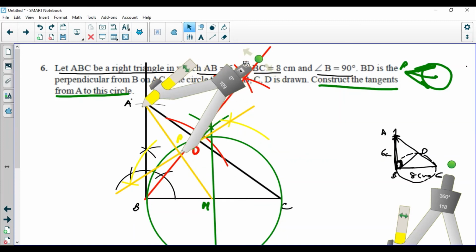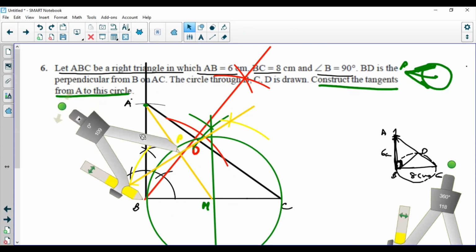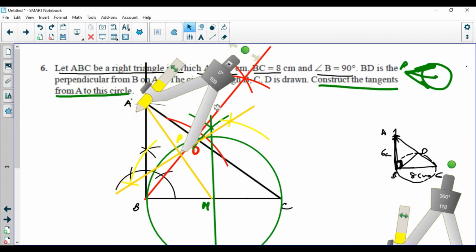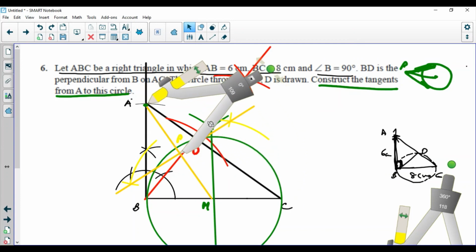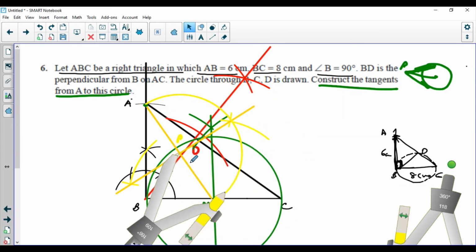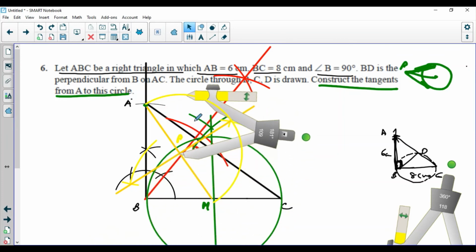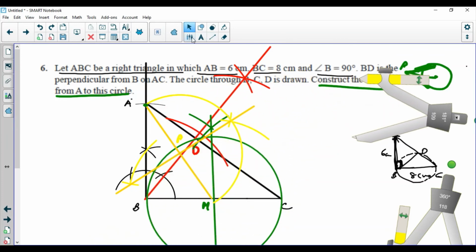Okay, see, one tangent is already AB because it is 90 degree. And one more tangent we have to find here. So if we draw the semicircle, it will be more than enough. Okay, so one more tangent will be this one. Like this is Q. Okay, so what are the tangents now? AB and AQ.